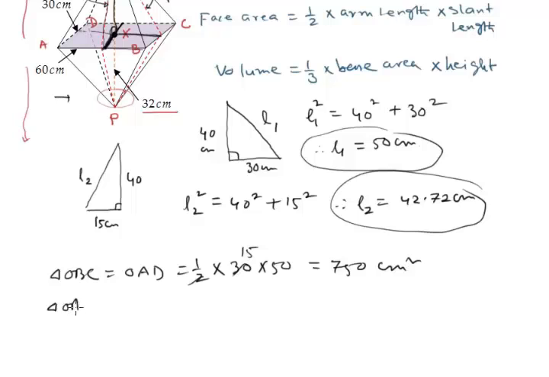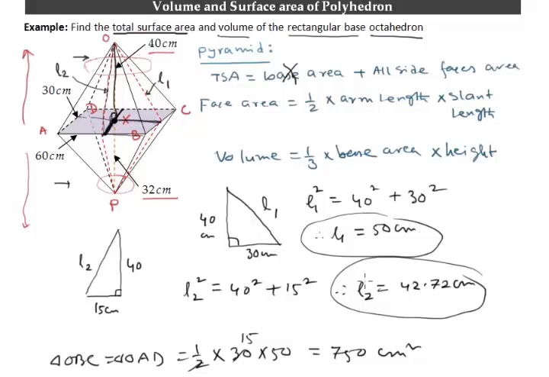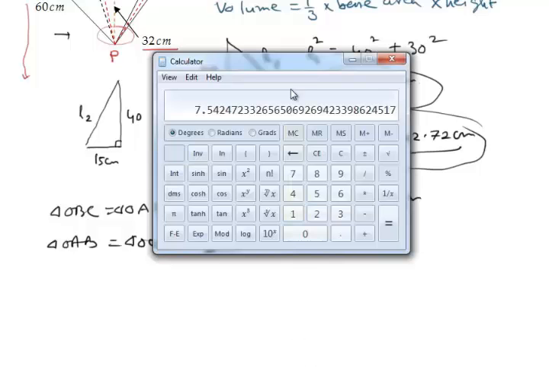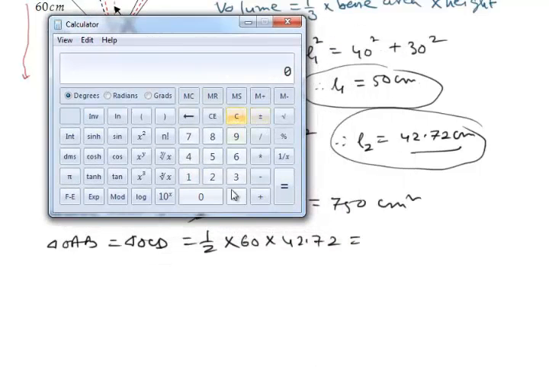So the area of OCD will be half times its arm length, which is 60, and slant length 42.72. So 60 times 42.72, and half of 60 is 30. We will get 1281.6.